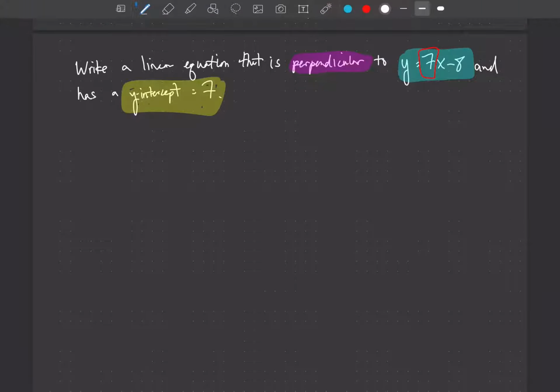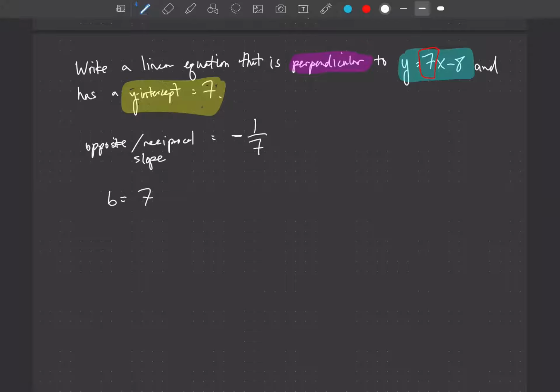If my slope was 7, then my opposite and reciprocal slope will be negative 1 over 7. That's my perpendicular slope. My b value is my y-intercept, which is 7, just like before.